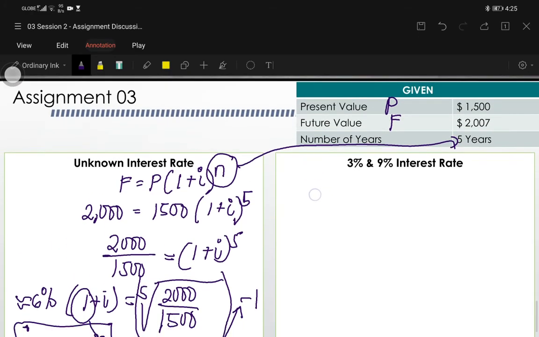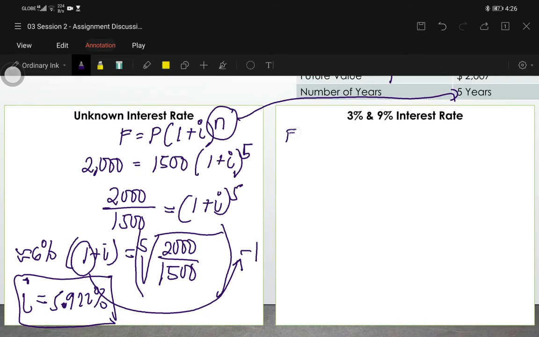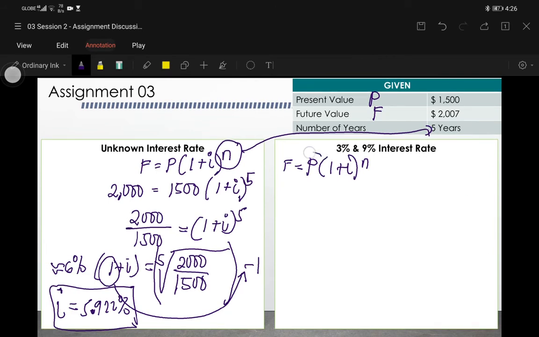Next, what should be your initial investment if you still need to earn the 2007 at the end of 5 years? And what is the initial investment if your interest rate earning is at 3% and at 9%? So let's start first with the 3%. Assuming that you have the same future amount value, F equals P times 1 plus I to the power of n, the value you do not know yet is the present value, or your investment.